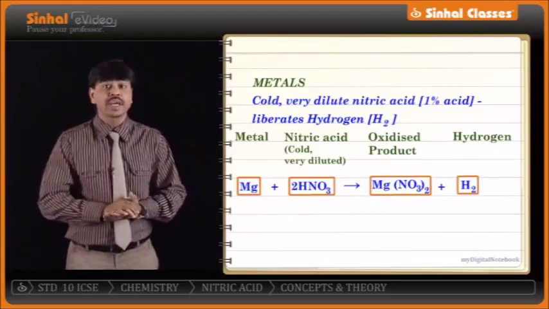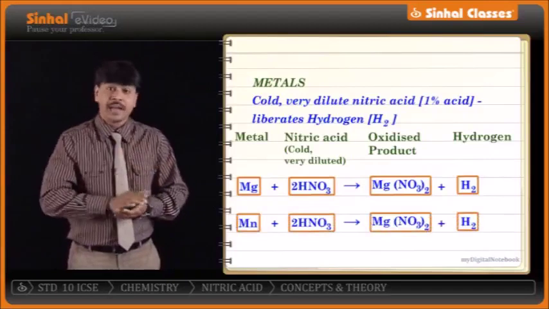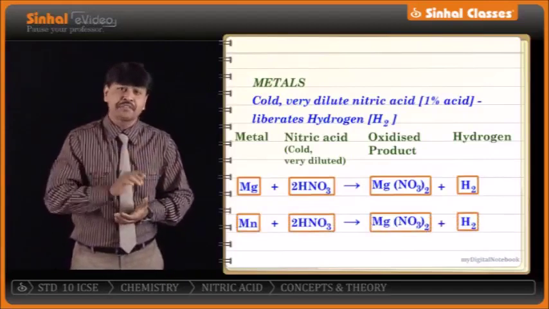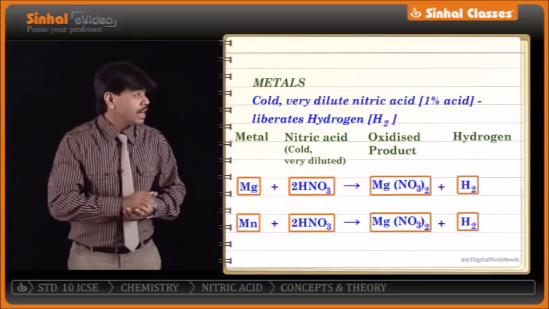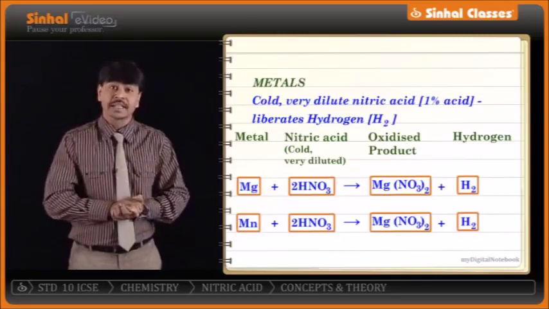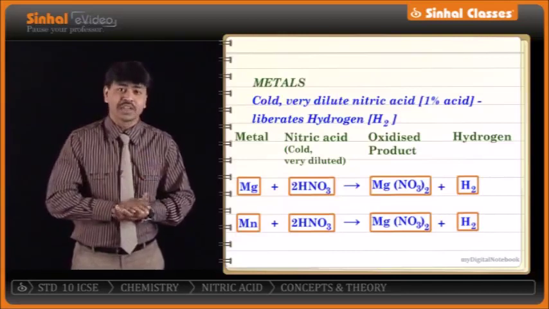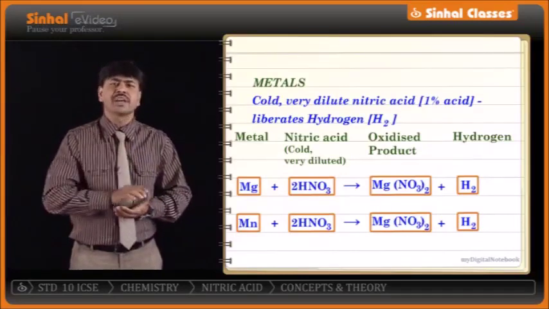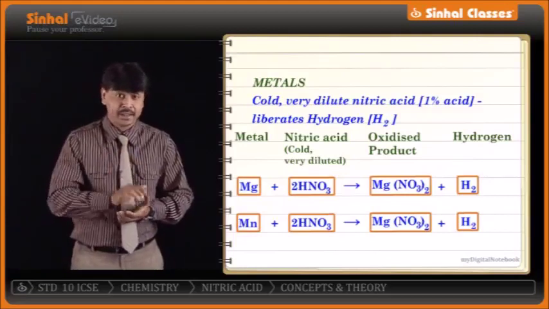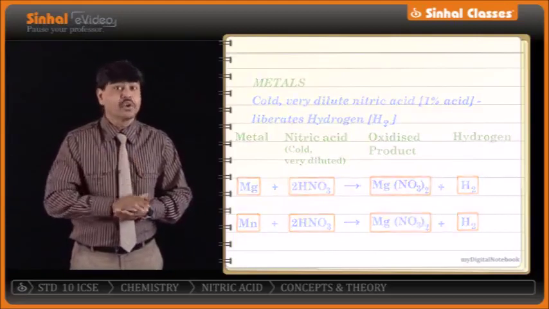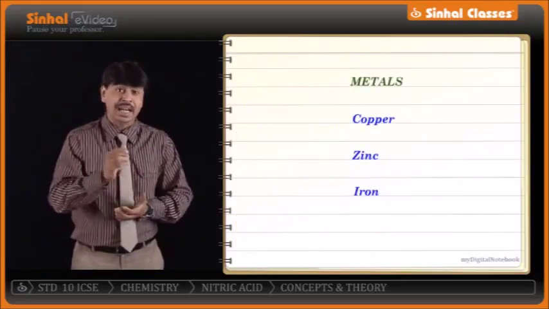In a similar manner, you can select one more example, and that is manganese, Mn. Mn treated with very dilute cold nitric acid will give you Mn(NO3)2, that is manganese nitrate, along with hydrogen gas. Now let us consider only a dilute one, not very dilute nitric acid. Let's select a few metals like copper, zinc, and iron.